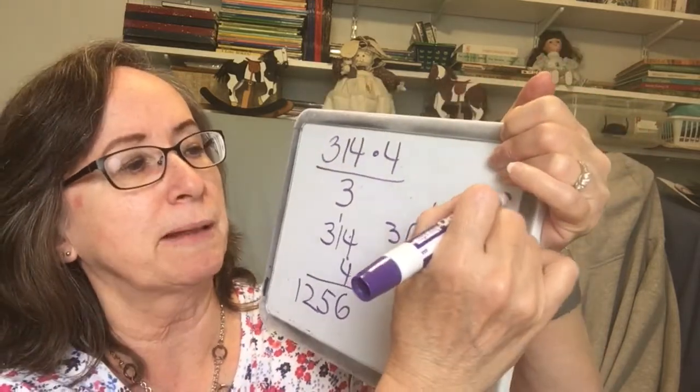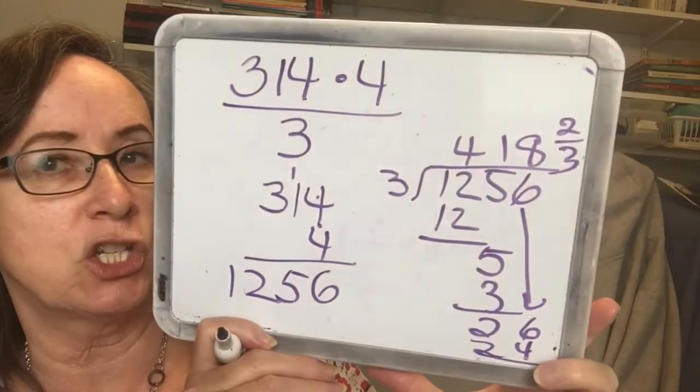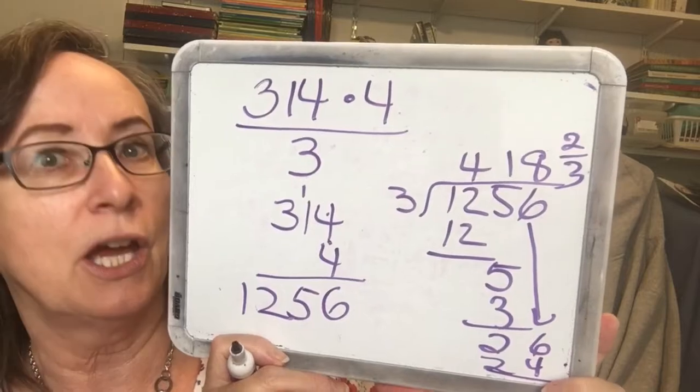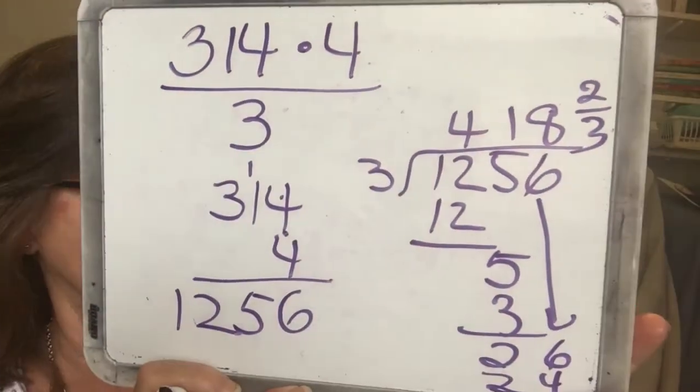The 2 is going to make this 2/3. So 418 and 2/3 cubic centimeters. And that is your first example.